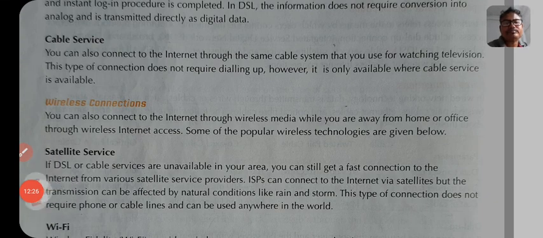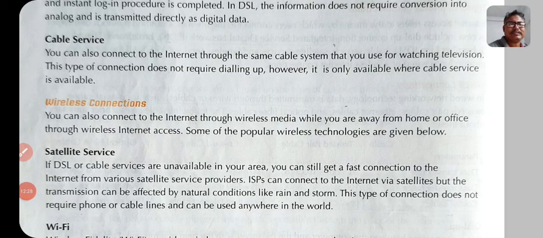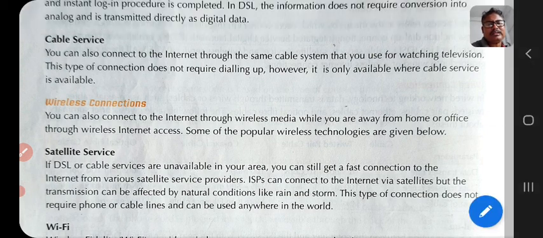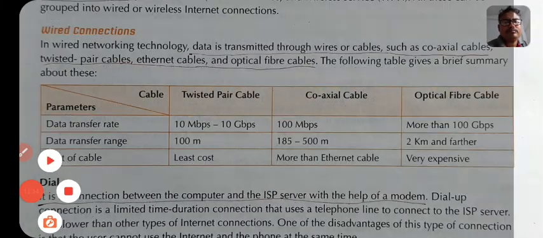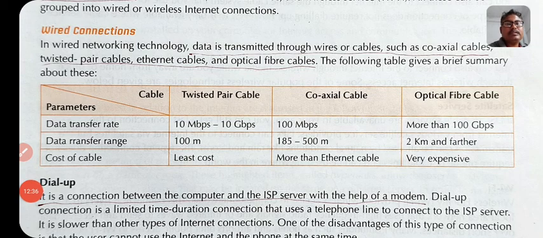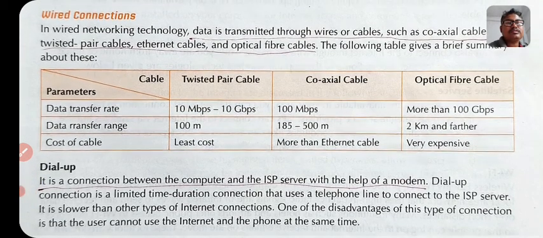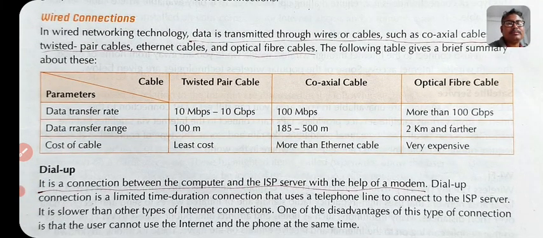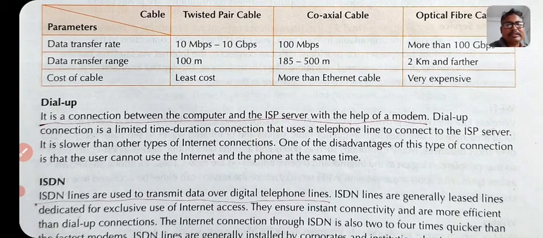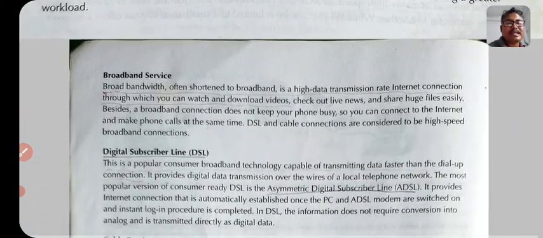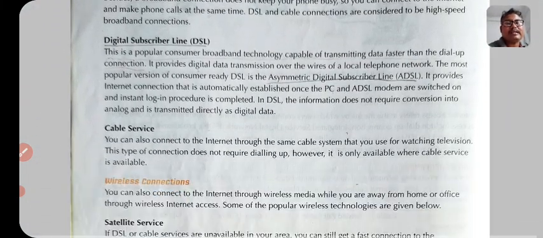Now next is wireless connection. On wired connections, what we have learned: twisted pair cables, Ethernet cables, optical fibers, then dial-up connections, ISDN, broadband service, digital subscriber line, then cable service.